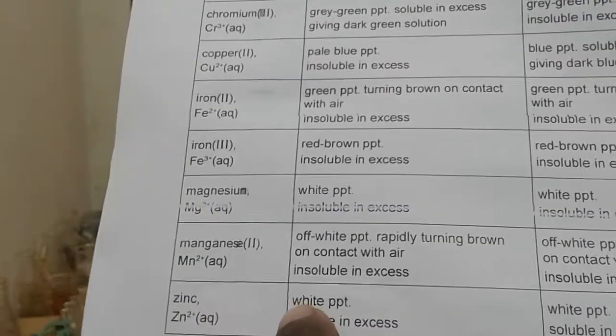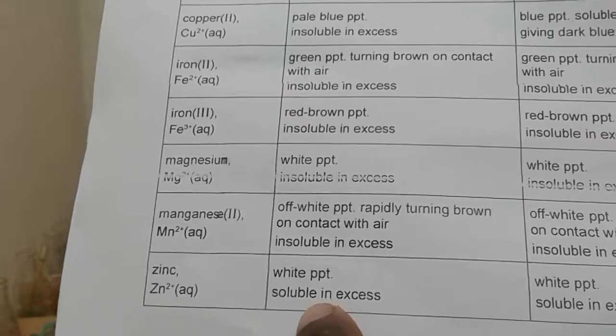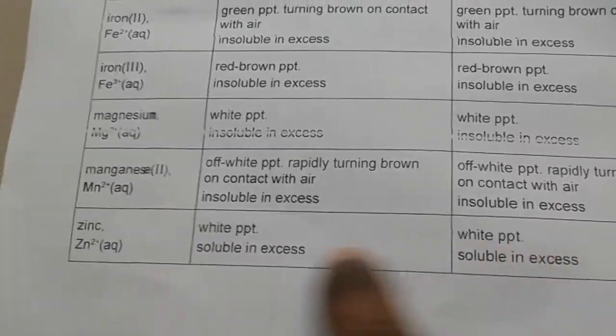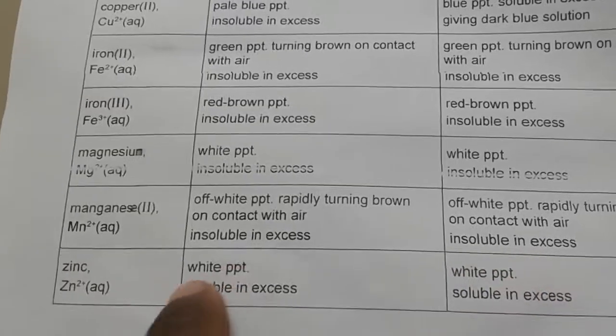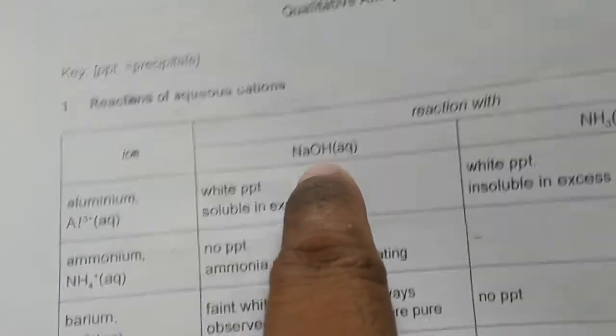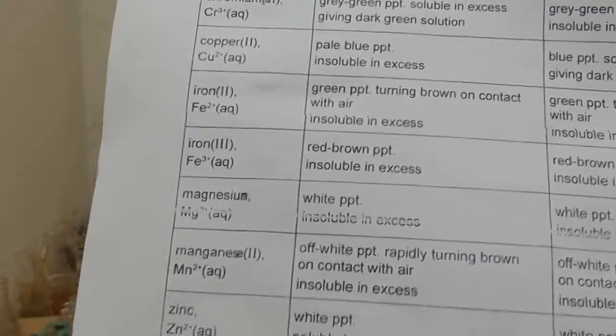In another case we have got white precipitate which is also soluble in excess. So in both cases it's soluble in excess. So this one is ammonia, but this one is sodium hydroxide.